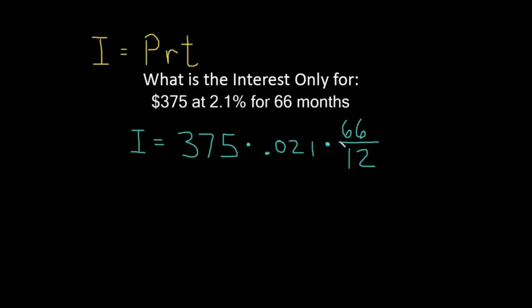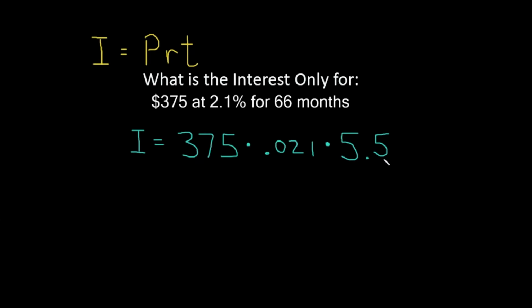Well, what's 66 divided by 12? We could do it longhand, or we can use our calculators. That's what they're for. So 66 divided by 12 is 5.5. So 66 months is 5.5 years.